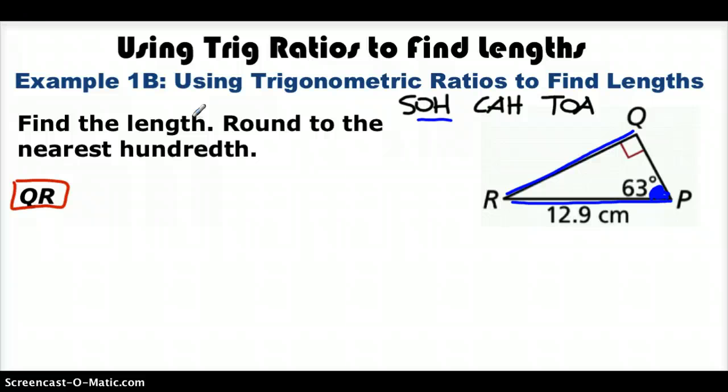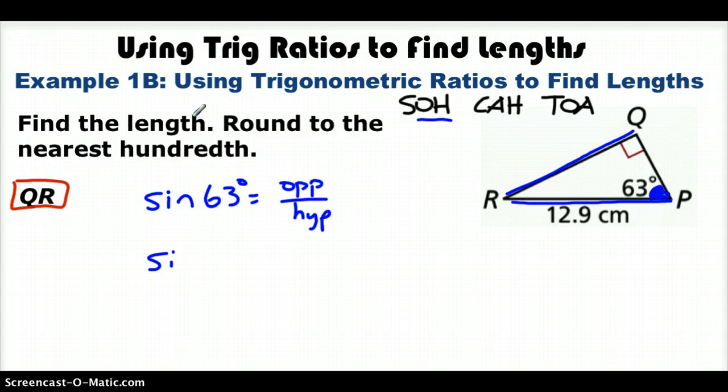I'm going to say that the sine of 63 degrees equals the opposite leg over the hypotenuse. QR is what we don't know, so I'm just going to write it as QR over the hypotenuse, which we do know is 12.9.